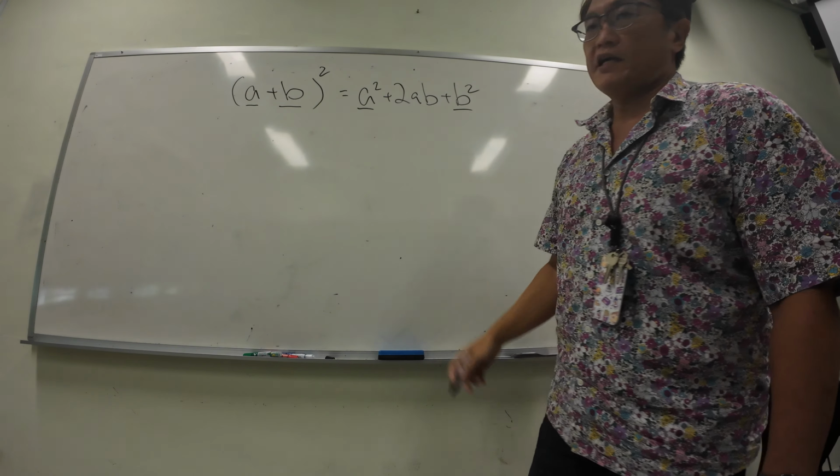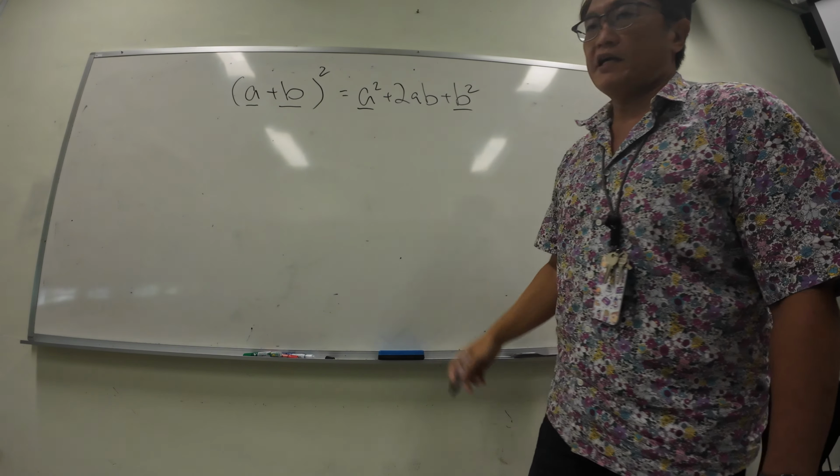So A plus B, the bracket being squared, means the bracket is multiplied by itself. Then we go through the long multiplication. One thing to take note of: bracket being squared just means bracket multiplied by itself.